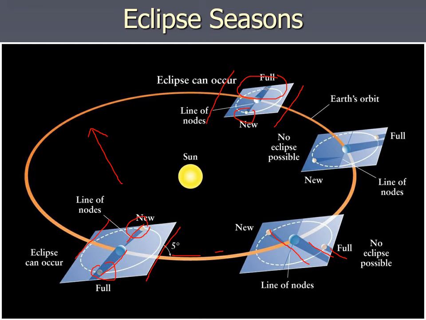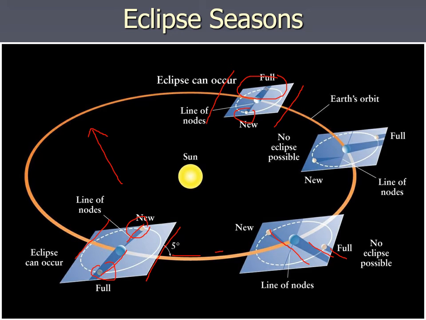So if you get a new moon or a full moon close to when they're lined up, if it's exactly when they're lined up, the shadow of one hits right in the middle of the other. If it's close, the shadow of one hits the edge of the other. And so that could be an eclipse or a partial eclipse.